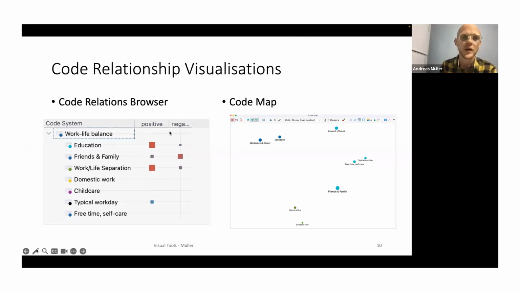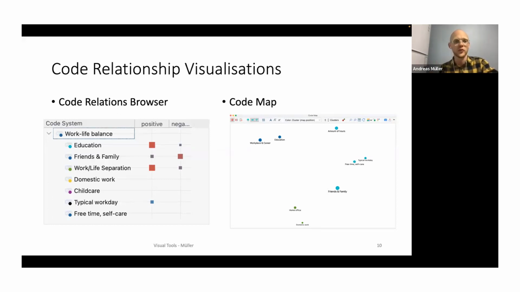Here, for example, we have a code positive and a code negative. And this is just like, do people say something positive about something, or do they say something negative? And then we have codes like education, friends, family, and we can see where people are happy or unhappy.